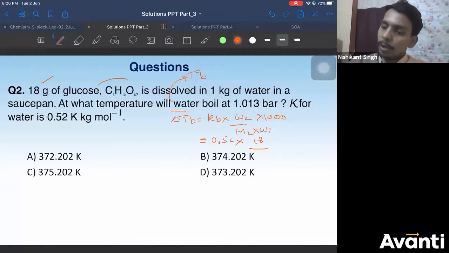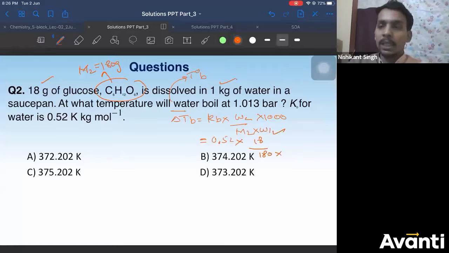You can find the molecular mass of glucose M2 from the molecular formula. I know it will come out to be 180 gram per mole. W1 is given as 1 kg. If you are writing 1 kg directly here, no need to multiply by 1000. If weight is in gram, then only multiply by 1000. So directly substitute 1 kg here. Do not multiply by 1000.